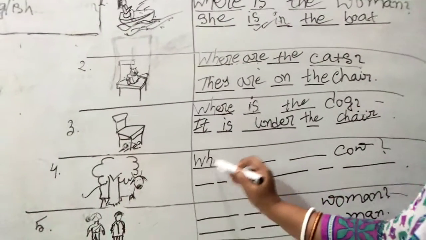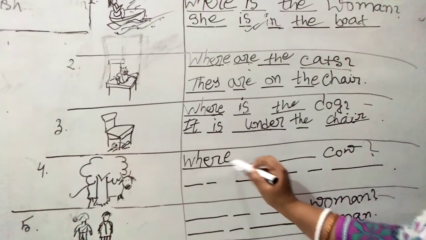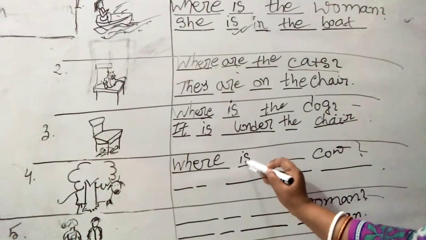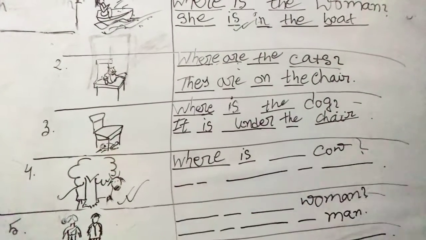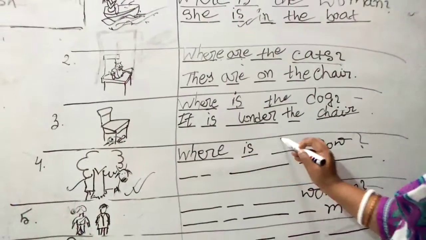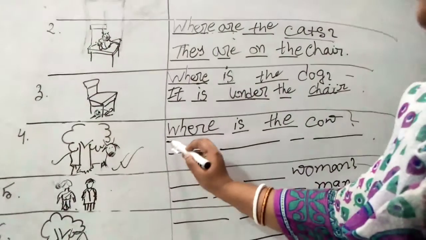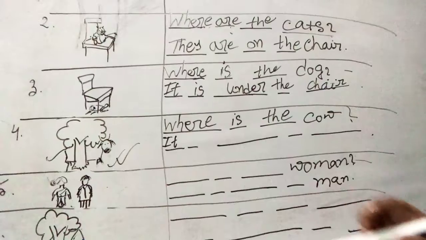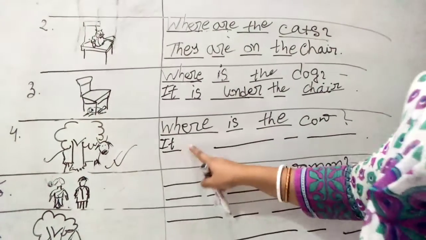The question will start with "where". Where is, because only one cow. One cow means it's a singular number. So for singular number I have used "is". Where is the cow? Now the answer is "it". For singular I have used "it".